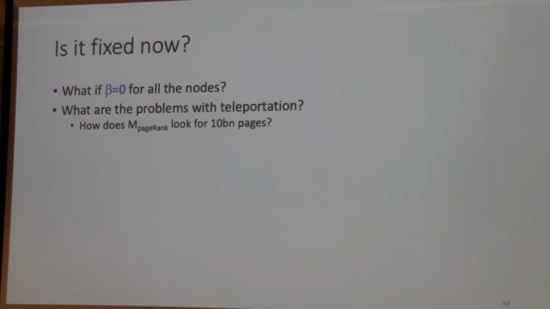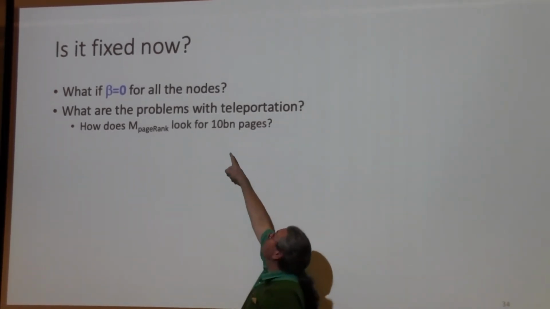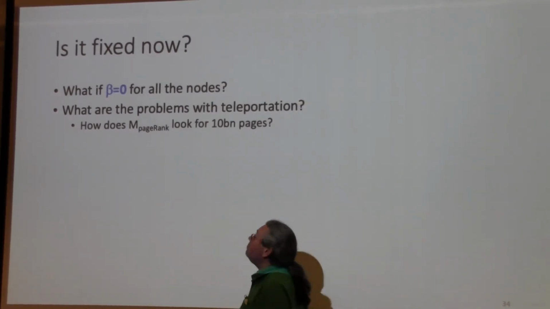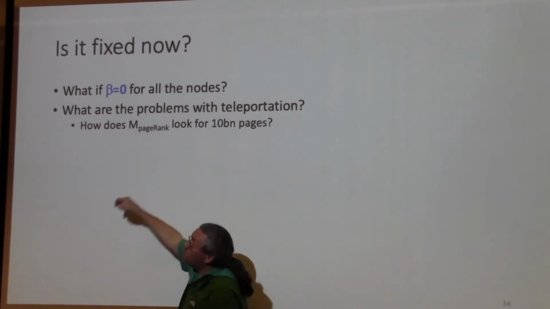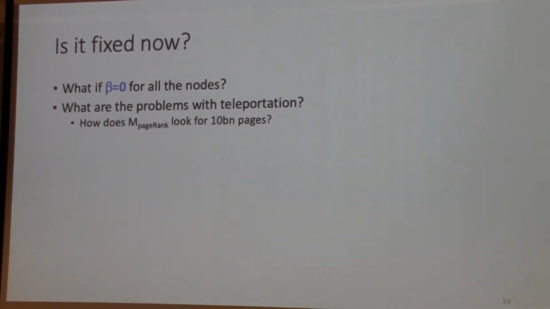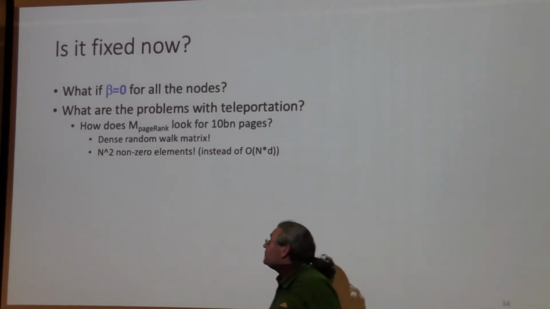But actually there's a lot of web pages. Let's say we have 10 billion pages. So what does the PageRank matrix look like if you have 10 billion pages and not 5? You have a lot of elements.